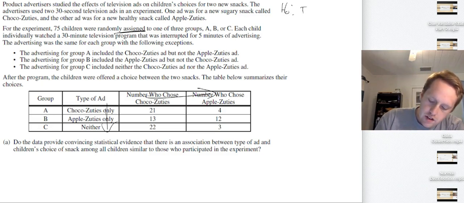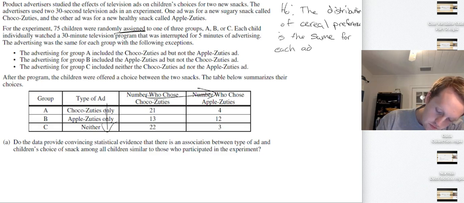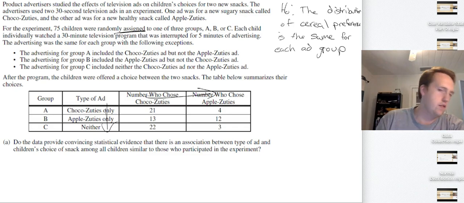So we're going to say the distribution of cereal preference is the same for each ad group. You could also word it as the distribution is not different, but I think it's just easier to say this.